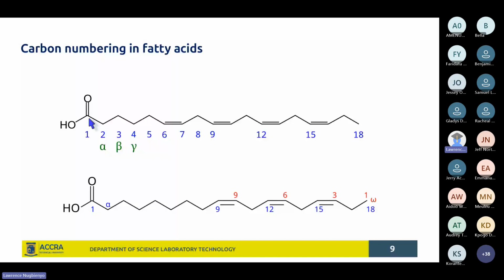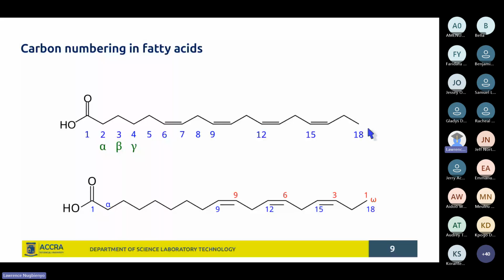So the carbon of the carboxylic functional group is always carbon number 1. It doesn't matter how you write this structure. You could flip it to the right so that the carboxylic acid group is on the right. It means that if you are doing that numbering, you have to start numbering from the right to the left.